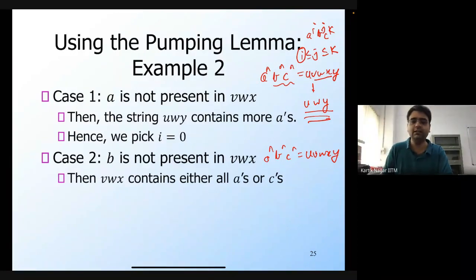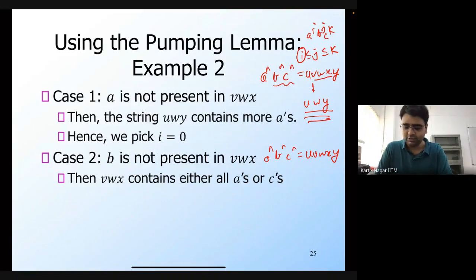So let's say it only contains a's. If vwx only contains a's, then what can I do? What is the value of i that I can pick so that the resulting string won't be in the language? Yes, pump up. So if we pick i equal to 2.